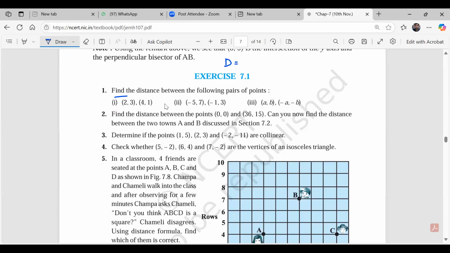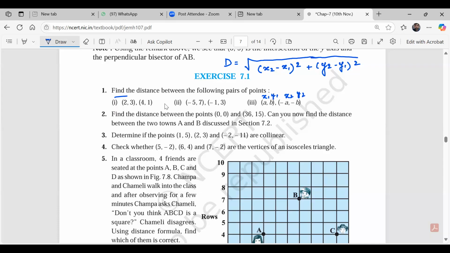The distance formula, which you got from the Pythagoras theorem, looks like this: root of x2 minus x1 whole square plus y2 minus y1 whole square. Here you can say the first point is x1, y1 and the next point is x2, y2.